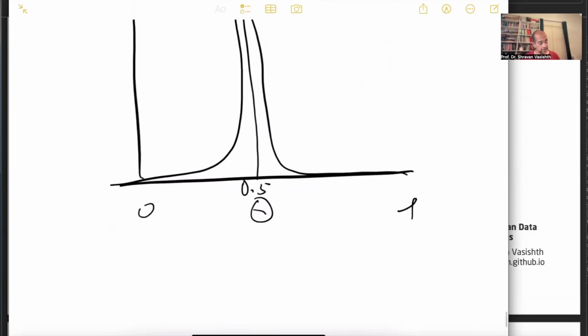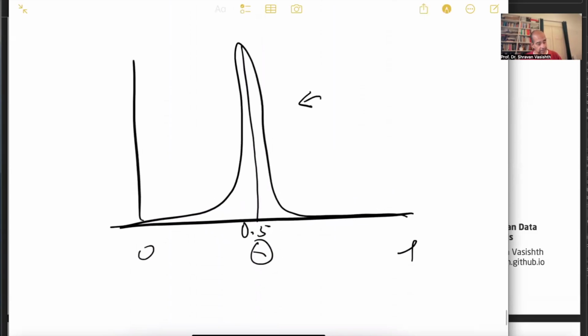This is a very, very tight prior. This kind of prior would actually make sense if you're defining a prior distribution on, for example, a coin that you know is fair. It is pretty likely that you're going to get a 50% probability of heads a priori, even before you toss the coin.